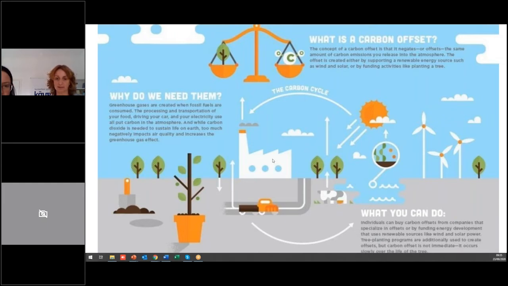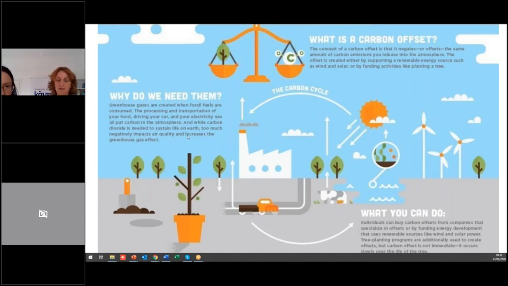That's why offsetting should be taken into consideration. And what can we do? Individuals can buy, for example, carbon offsets from companies that invest in energy development and renewable energy.